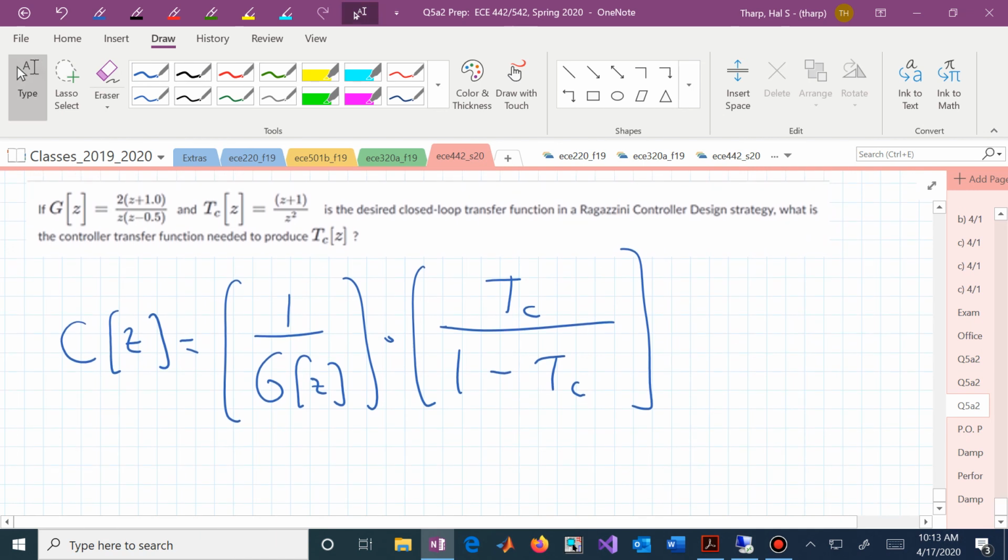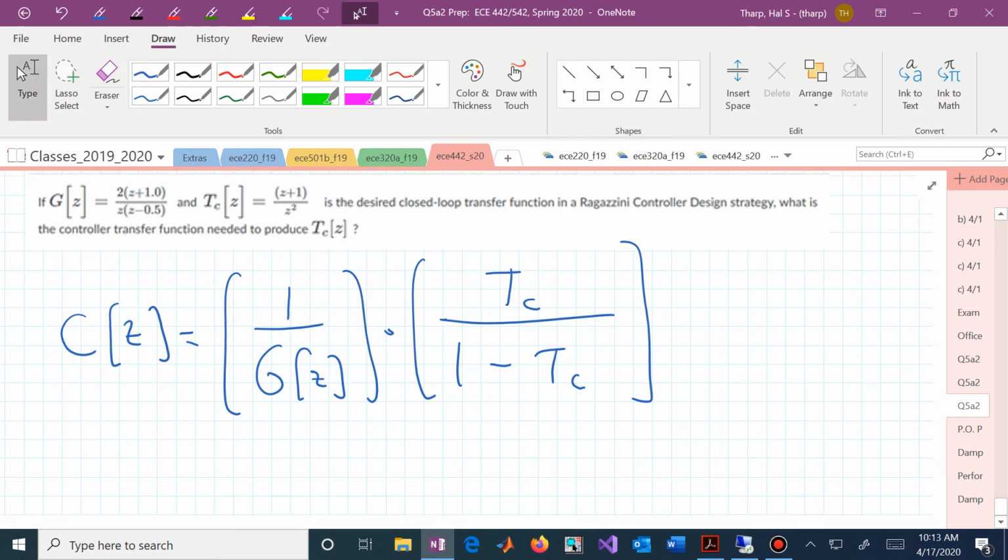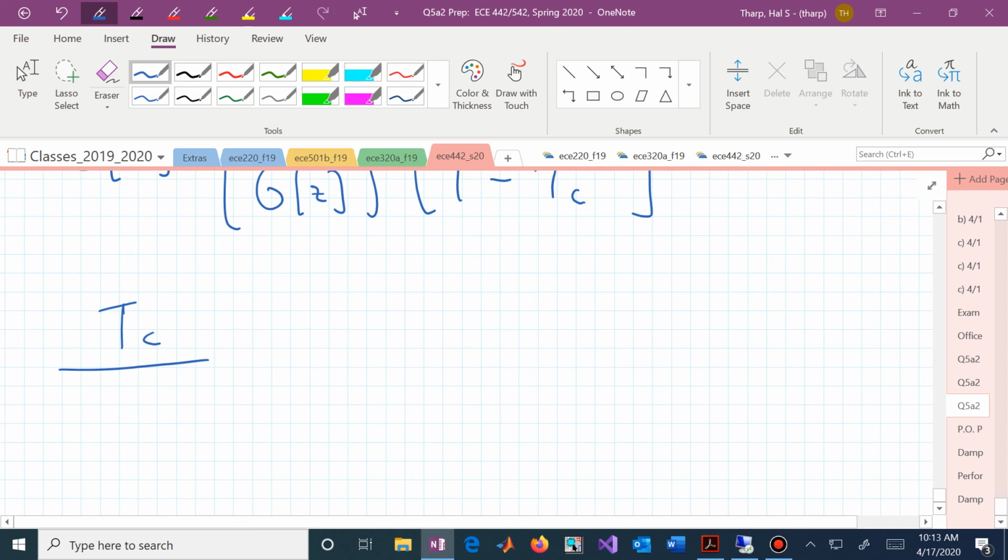And here we could have unstable pole zero cancellations in this process. That's where we want them to occur. We just don't want unstable pole zero cancellations between c of z and g of z. In this case, you might want to find t sub c over 1 minus t sub c first.